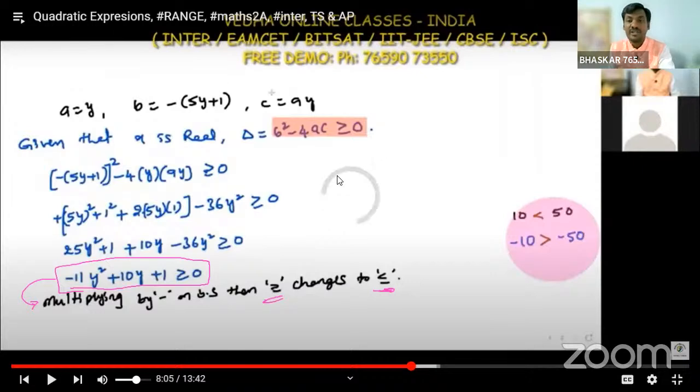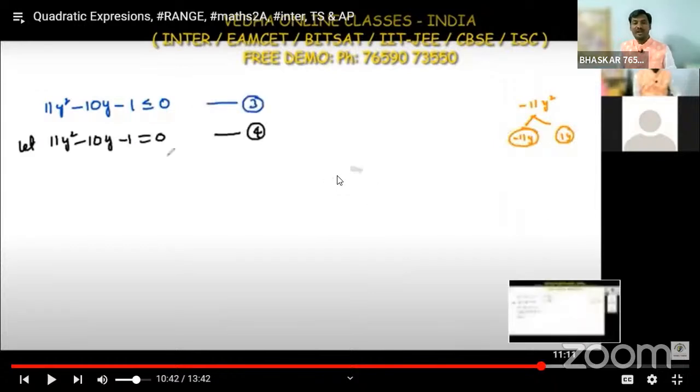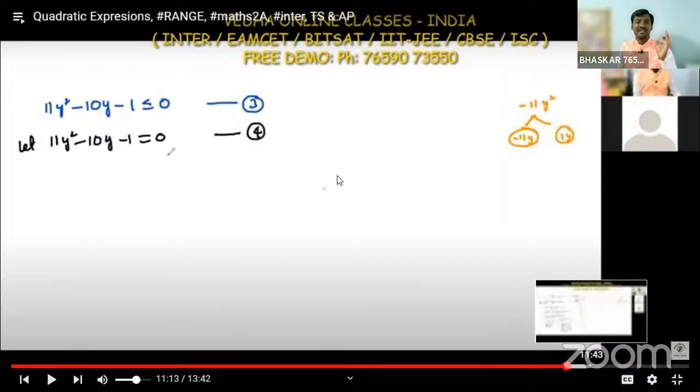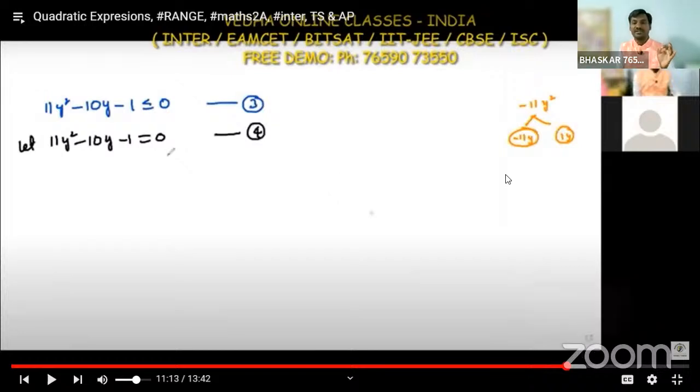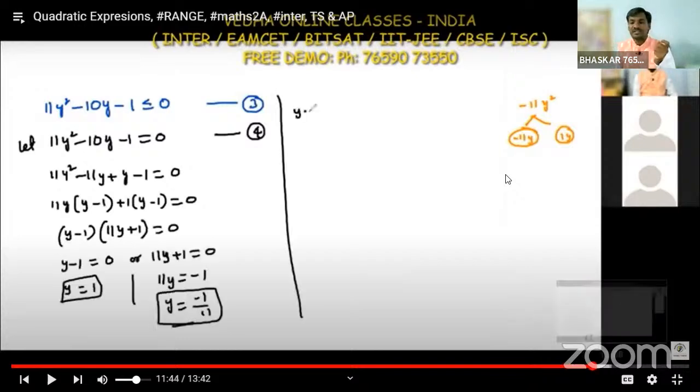So be careful. Whenever we have a sign like that, greater than becomes less than, and we have to find the factors. Always remember, whenever we have an inequation, take the equation and solve it. Take the equation and find the factors or roots. We are taking the equation here and finding the roots. One is y equals 1, another is y equals minus 1 by 11.